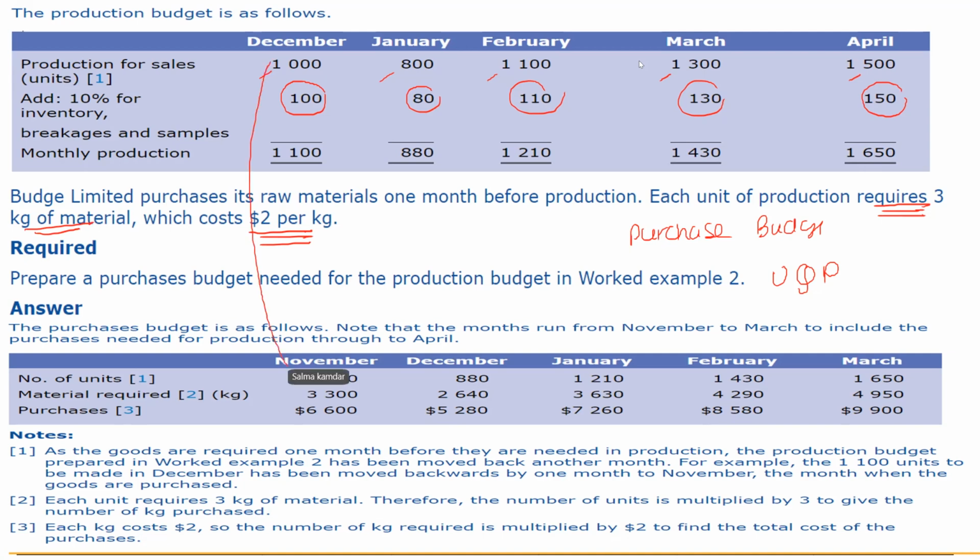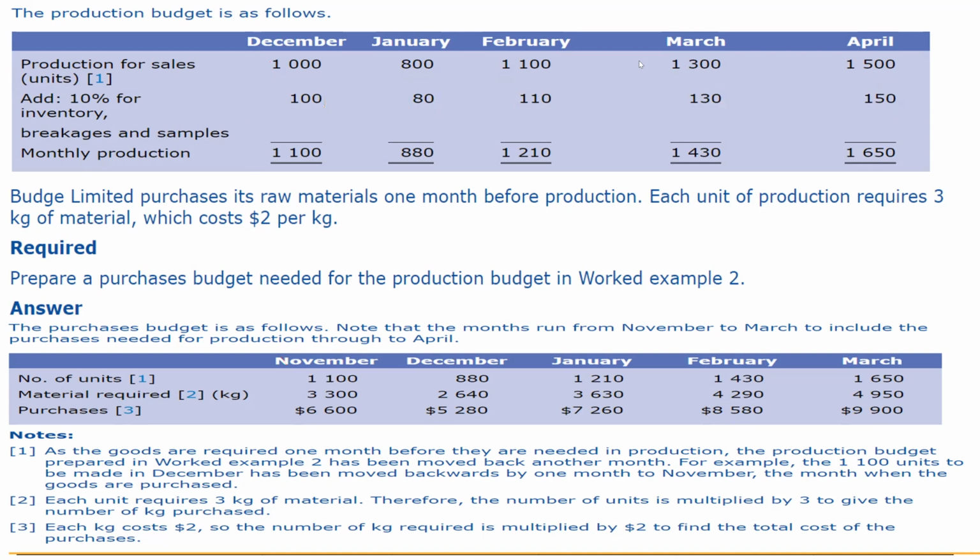You purchase 1 month before you produce. Always remember this. So you are producing in December, so when will you purchase? November. So your purchase budget will be for November, December, January, February, March, because your production budget is till April.